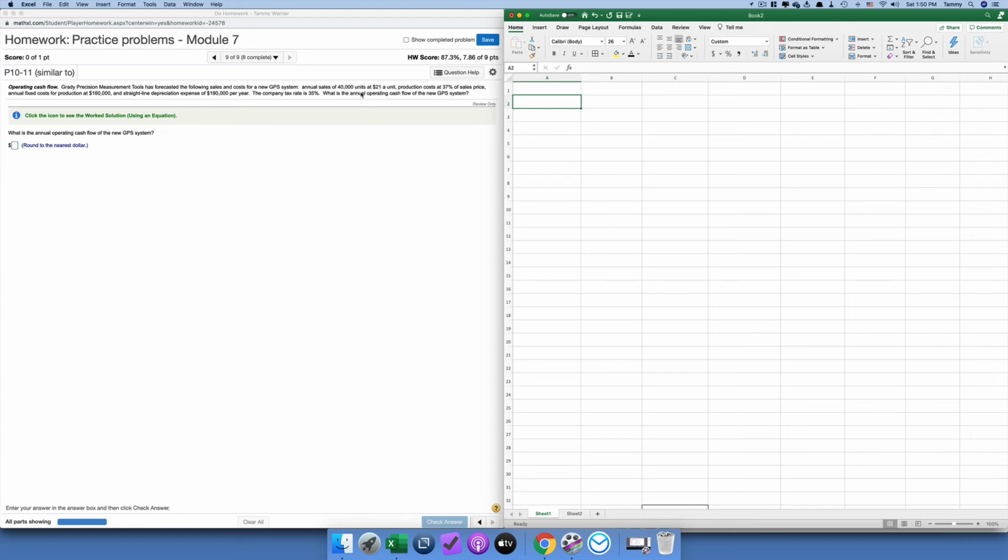They're expecting 40,000 units to sell at $21 a unit with production costs at 37% of sales price. Fixed costs are $160,000 and depreciation expense of $180,000 a year, and they pay taxes at 35%. So what is the operating cash flow?